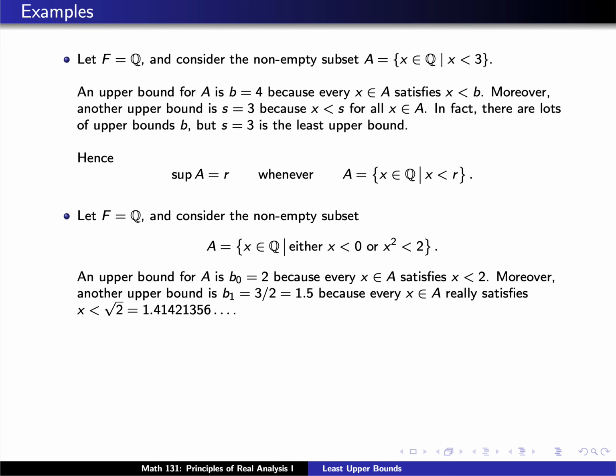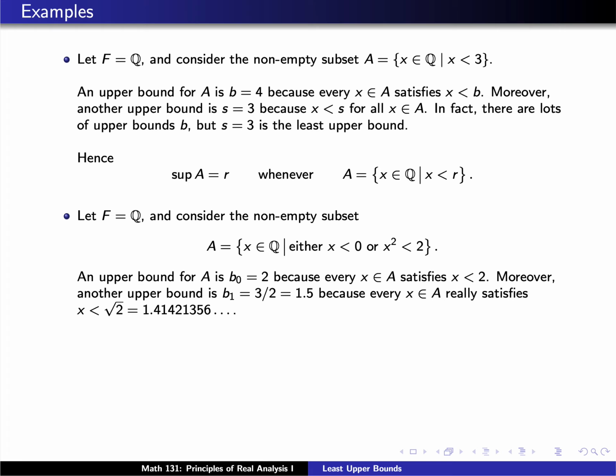Let's consider a slightly more complicated example. Again, let F be the collection of rational numbers, and let's consider the following non-empty subset A. It consists of rational numbers x that are either negative or satisfy the condition x squared is less than 2. An upper bound for this set is B sub 0 equals 2 because every number x in the set satisfies x less than 2.